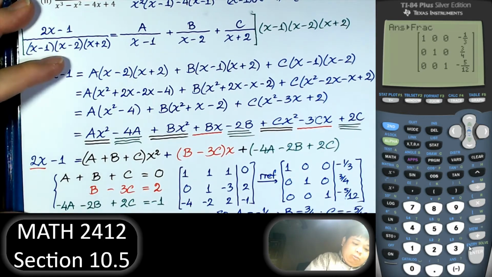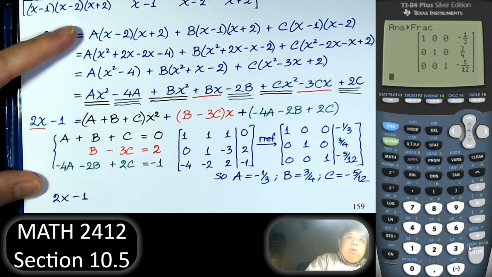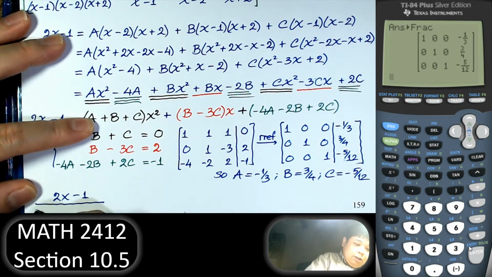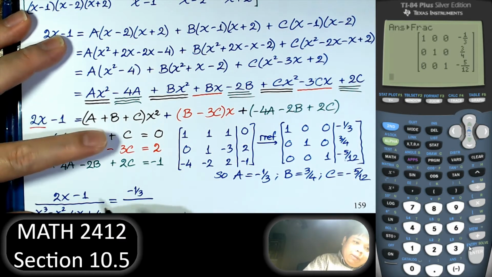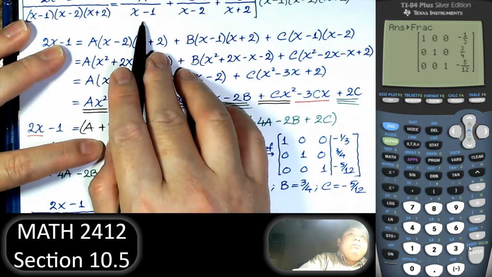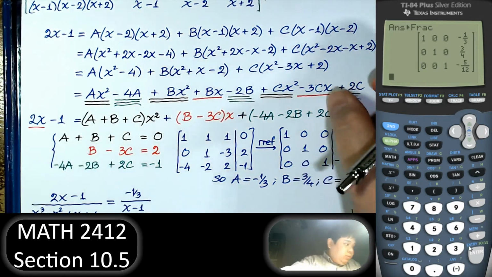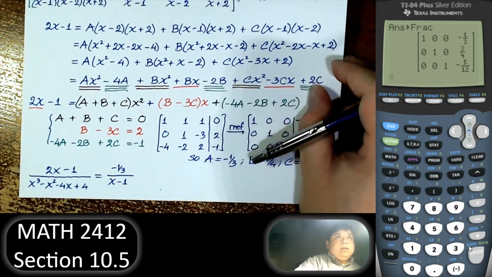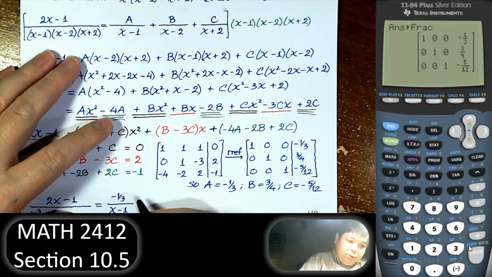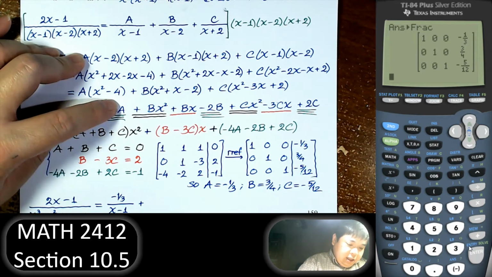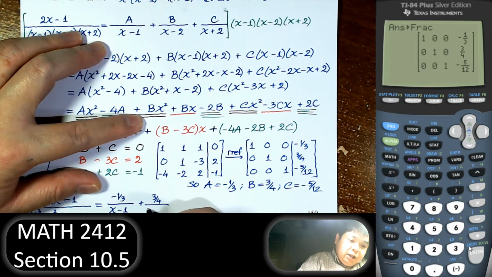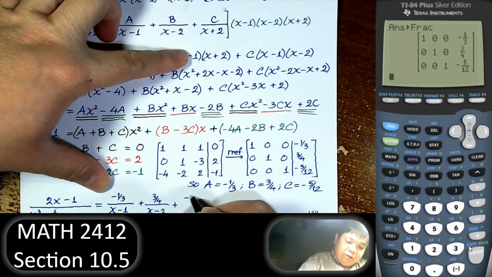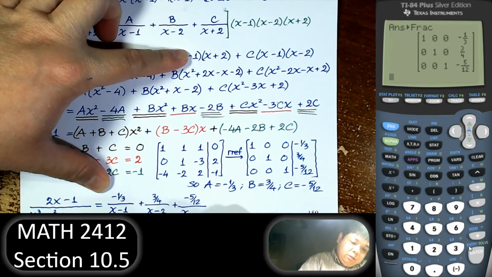Then we can put back and write the original x cubed minus x squared minus 4x plus 4 in this form: -1 over 3 times x minus 1, plus b, 3 over 4 times x minus 2, and c is -5 over 12 times x plus 2.